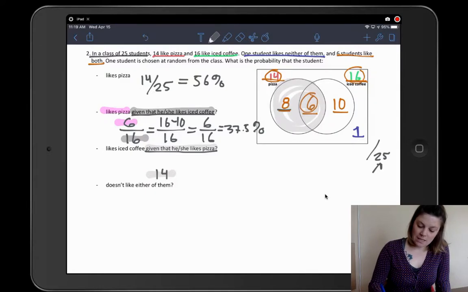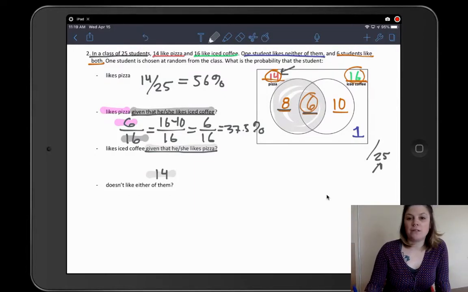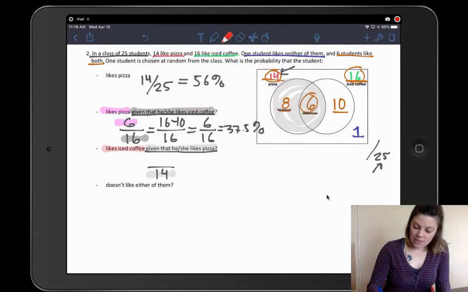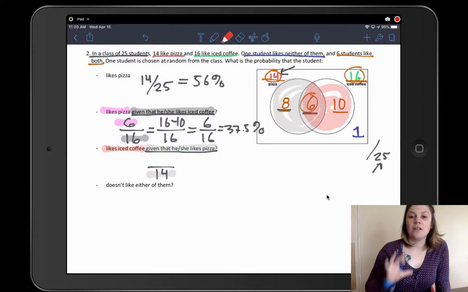That's 8 and 6 added together, or you can look at this number up here to know that it's 14. And then what's the probability that they like iced coffee? So iced coffee is this part because that's where it overlaps with the iced coffee circle. And so that would be 6, right?